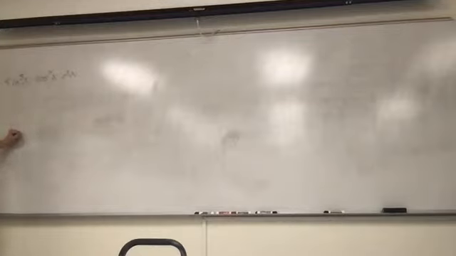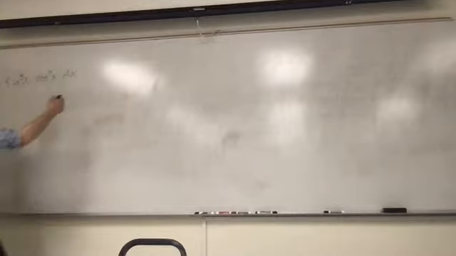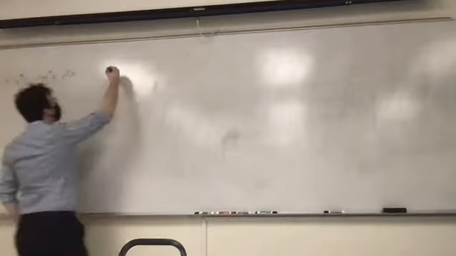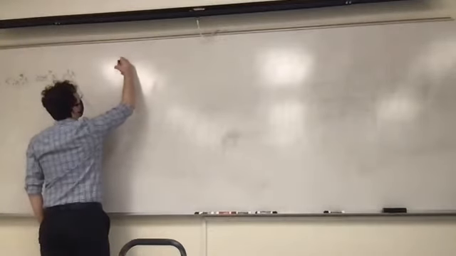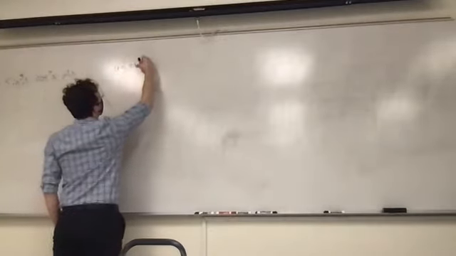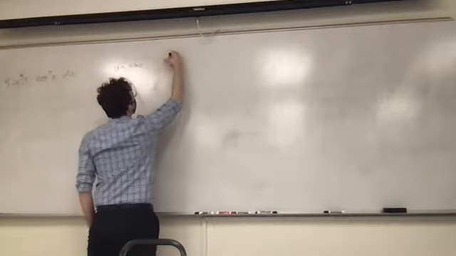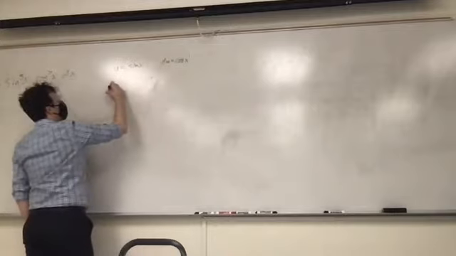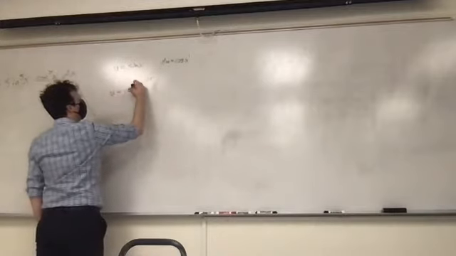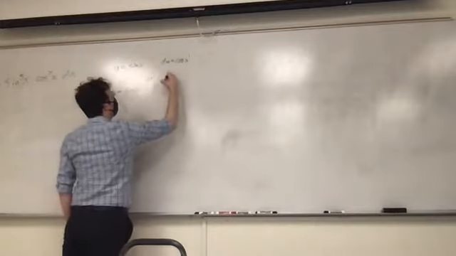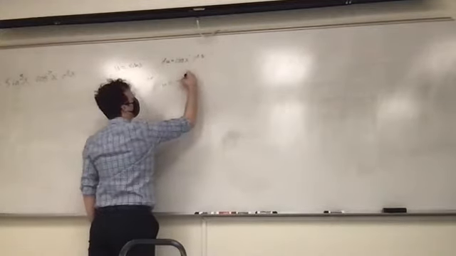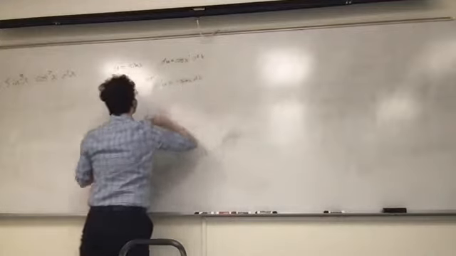And there are two choices for how that could work, because we can't do it right away. So the question is, do we want to get to u is sine and du is cosine, or do we want to get to u is cosine and du is negative sine dx?